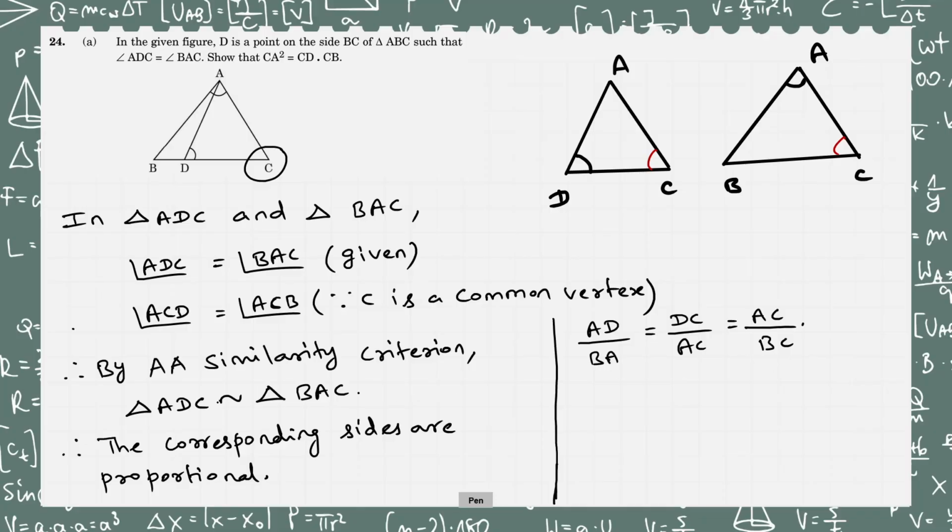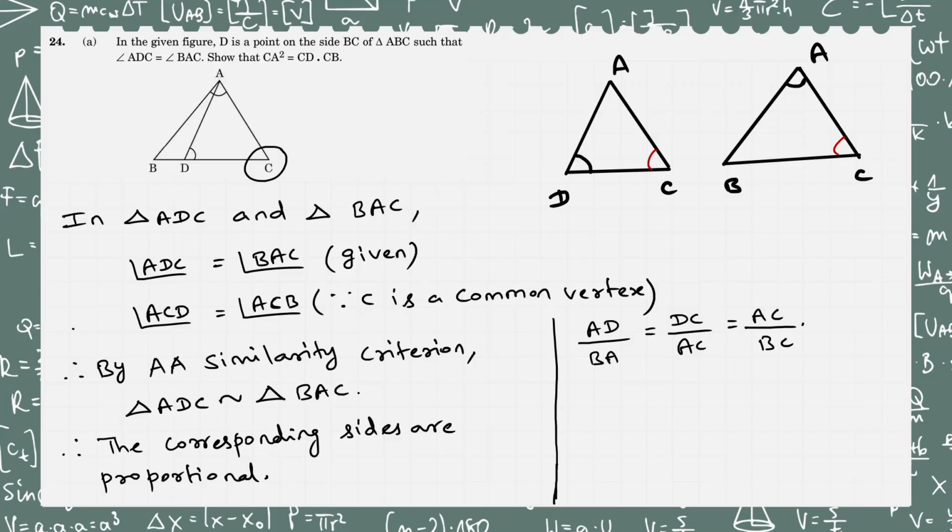So we have to follow the correct order of the letters, taking two letters at a time. Taking all the three sides of both the triangles, we have to write this proportionality. You guys very well know this, and you have to make sure that sides of the same triangle are supposed to be either in the numerator or in the denominator.